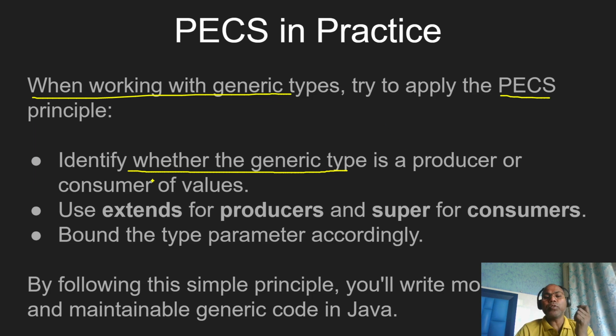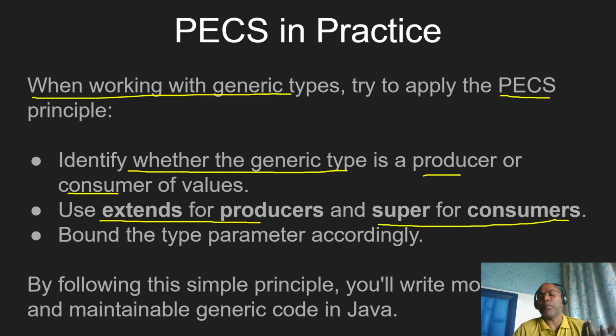Whatever types you have, are they going to produce or going to consume? If you have done this identification, then it is very simple. If this is a producer, that means you can extend. If it is a consumer, that means you can use super.